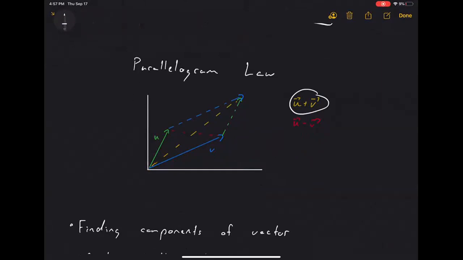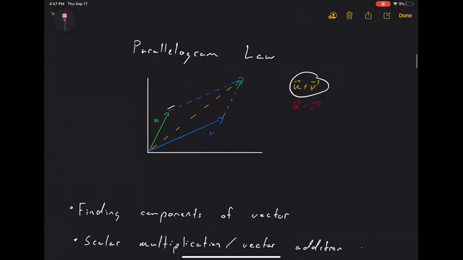So if I wanted to add v to my vector u, I would just move my vector v so its base was at the tip of u. And then wherever that added vector ends, that's going to be the end point of my vector u plus v. Any confusion there?